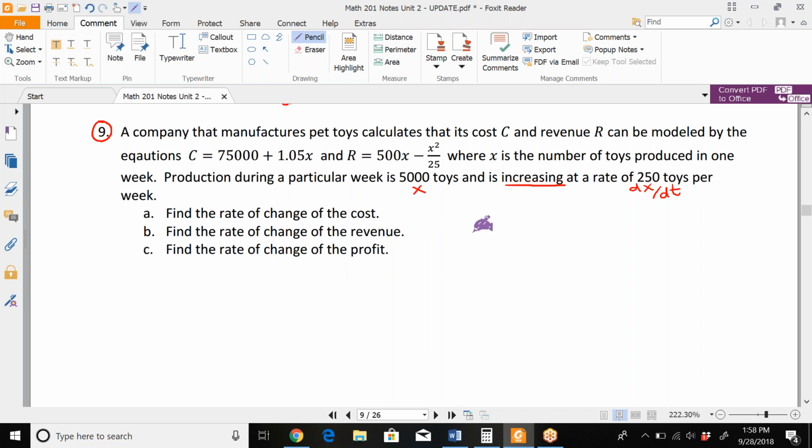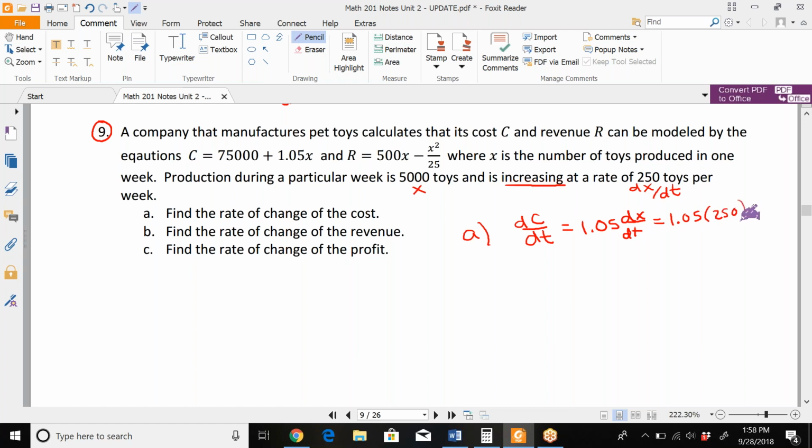Okay, so A is going to be dC/dt, because the derivative of C with respect to t would be 1 with a chain rule of dC/dt. And we said it was 1.05 dx/dt. So to find the answer to this first one, we just need the change in cost. We just need to plug in the 250 because the x didn't show up at all in this one.